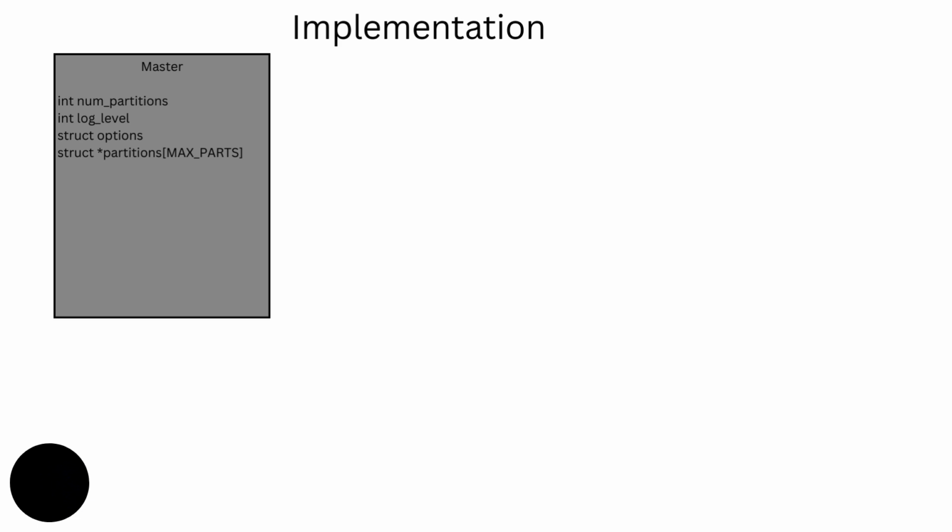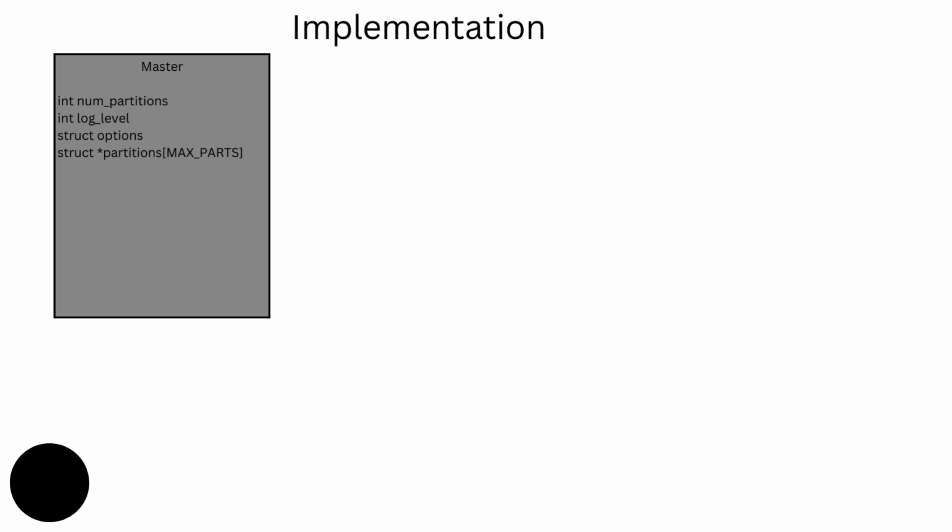So the top level of this memory manager is the mem master. We have the number of partitions, logging level, if you want to set logging to debug, verbose, error, whatever. If you need more explanation about that, then I can talk about that separately.